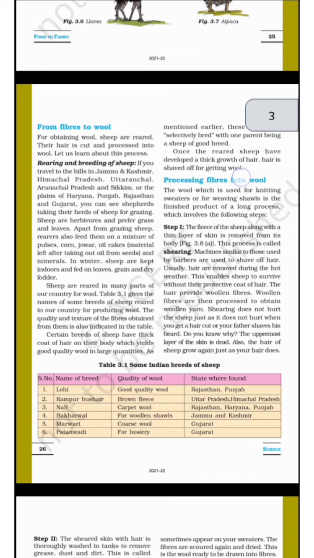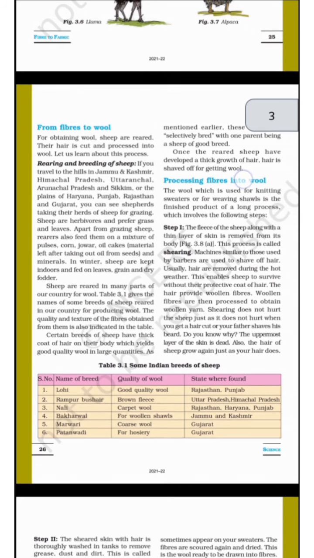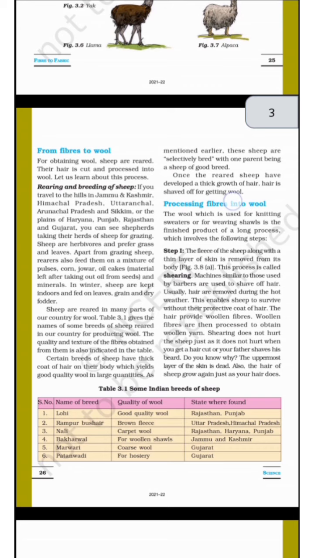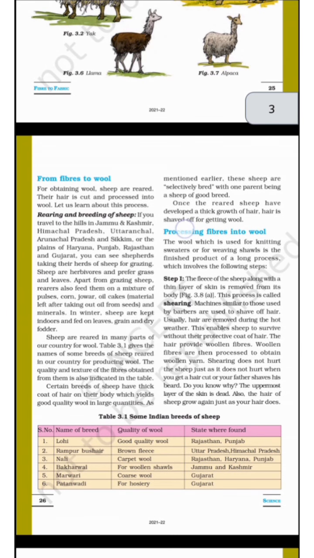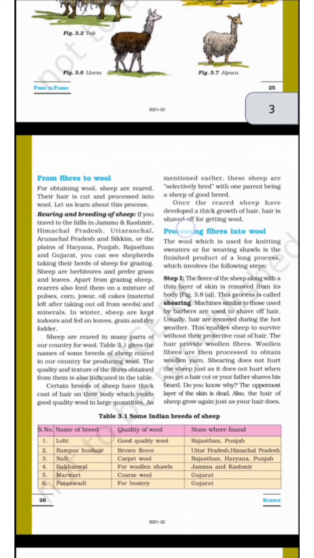In the previous class, we discussed selective breeding, which means choosing sheep having thick hair. These types of sheep will give good quality wool. We can remove the hair from the sheep by shaving, just like men shaving their beards, right?